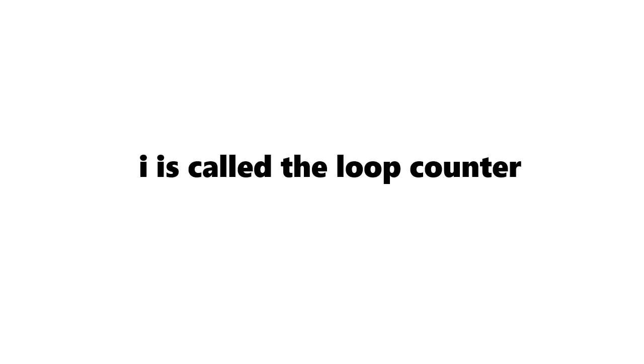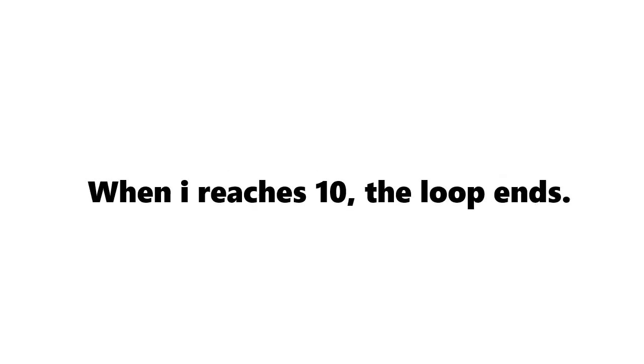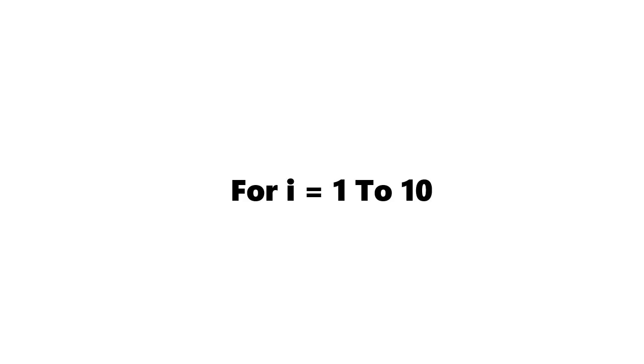Let's break it down. i is called the loop counter, and it starts at 1. VBA repeats the code, each time i is increased by 1. When i reaches 10, the loop ends. This is because you've told i to stop at 10 by writing your code like this: For i = 1 To 10.